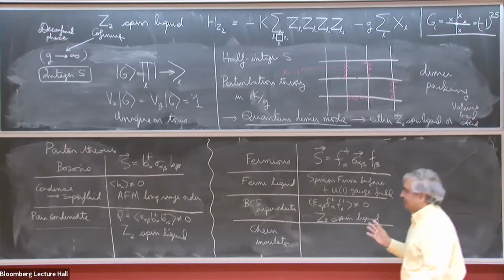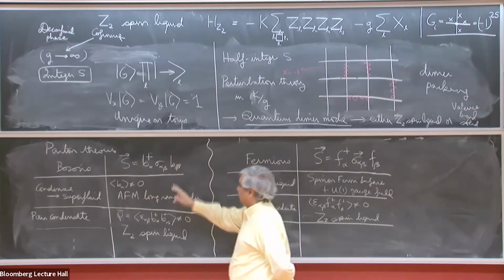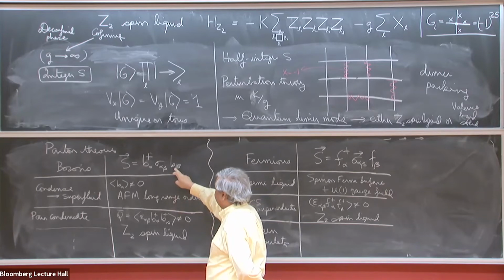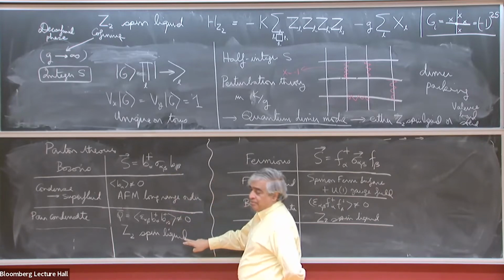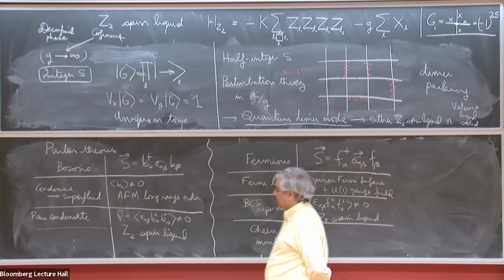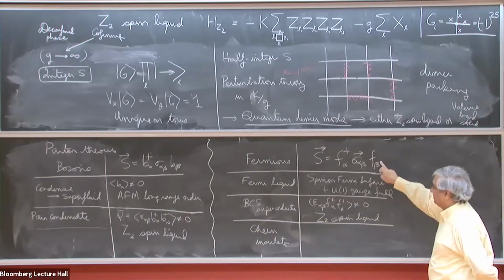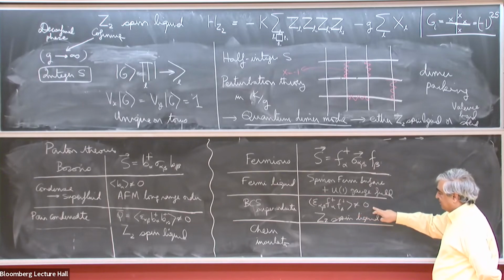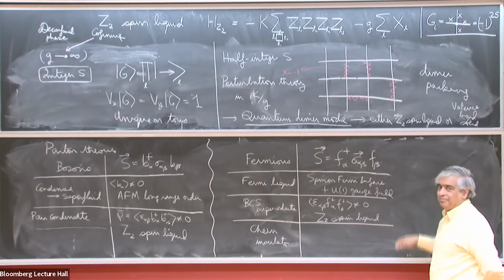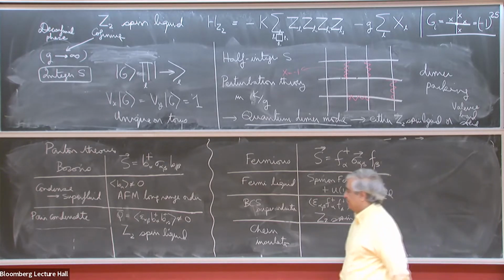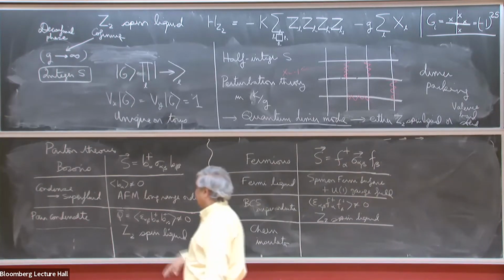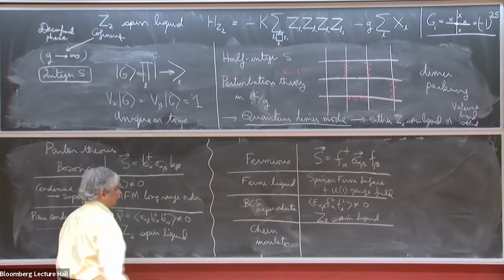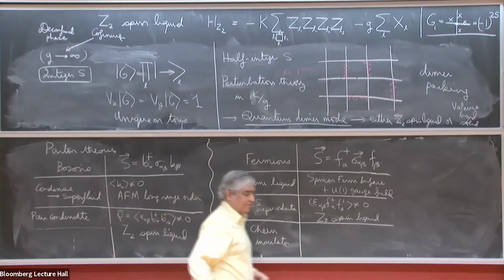What's the difference between them? Well, here, the bosons, after they condense, carry a Z2 gauge charge, and they become the e particle of the Z2 spin liquid. Here, the fermions, after this condenses, carry a Z2 gauge charge, and they become the epsilon particle. So this gives you a theory of the epsilon particle. This gives you a theory of the e particle. They both have an m particle.